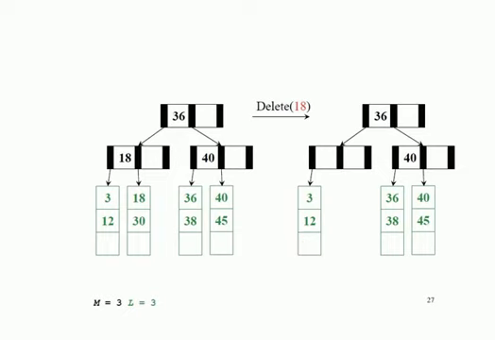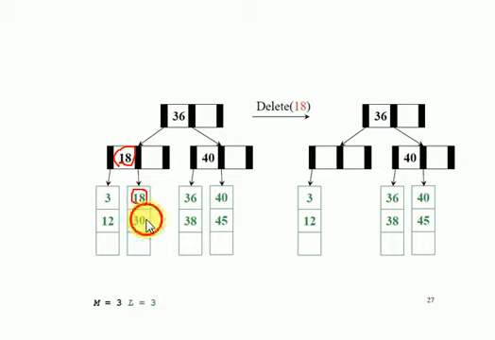So let us try to delete 18 here. When I am trying to delete 18, 18 is basically at this level. 18 is a part of the data node and also a part of the index node. So what will happen if I delete 18? By default I'll delete it from the data node and this node also.